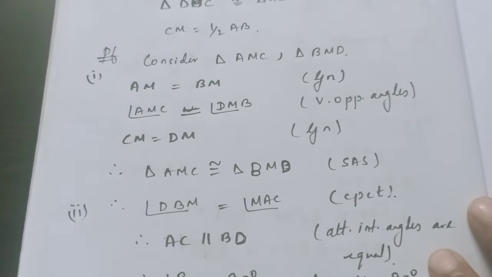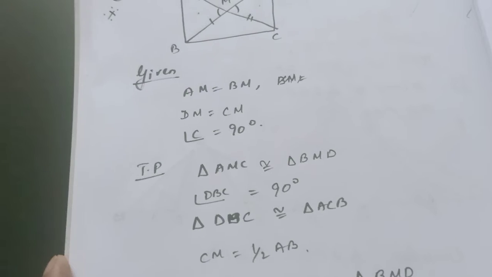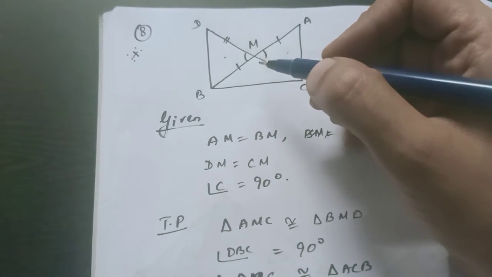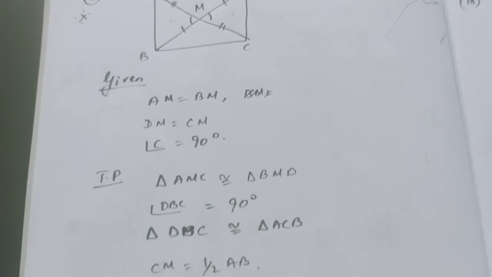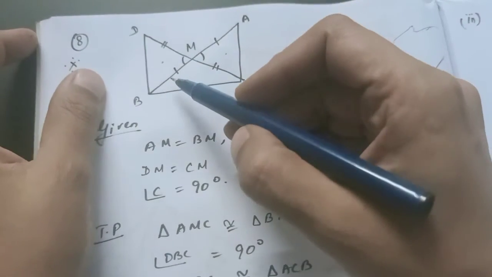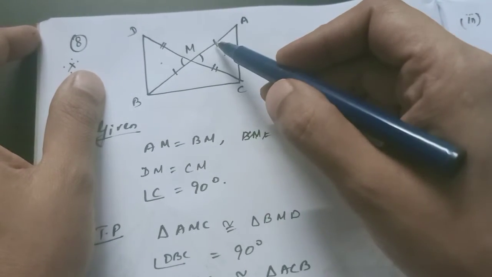Now, because of SAS criterion, we will see what are the CPCT that we are getting. Here you see we have a side, and here you see we have an equal side.